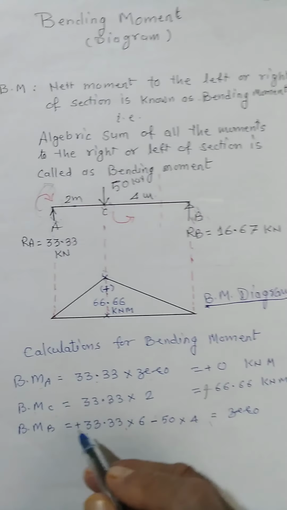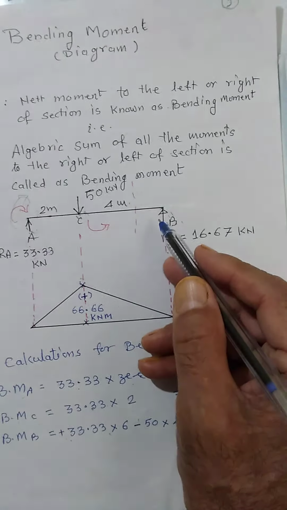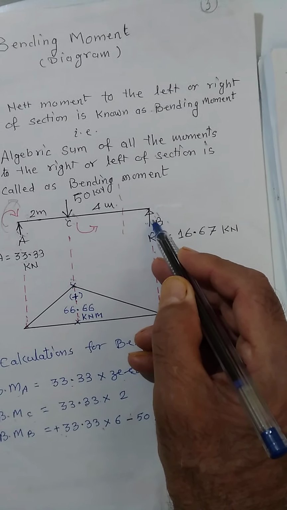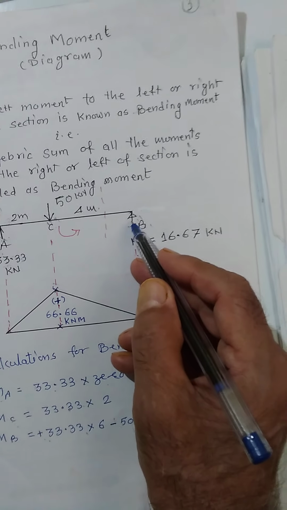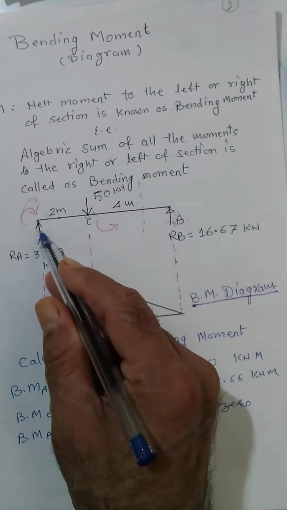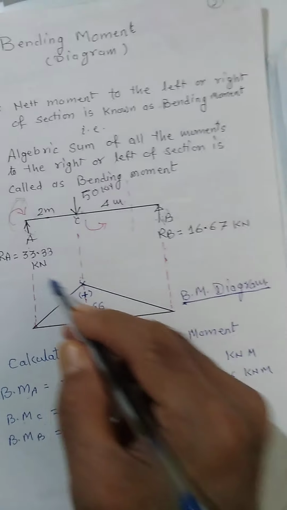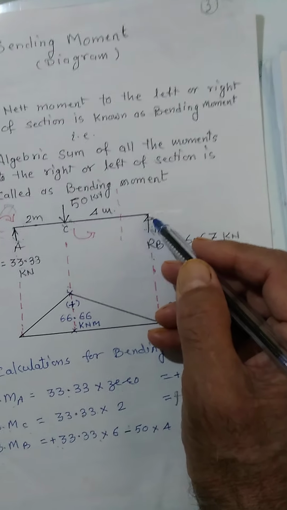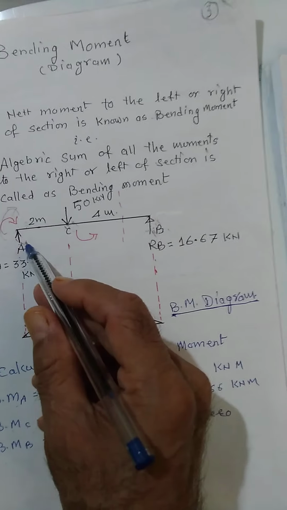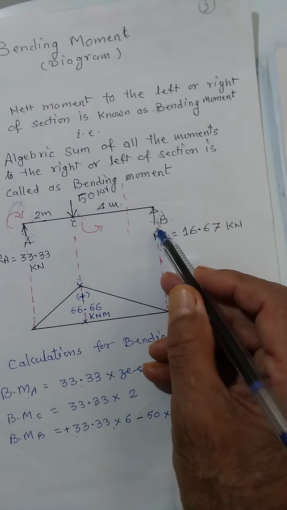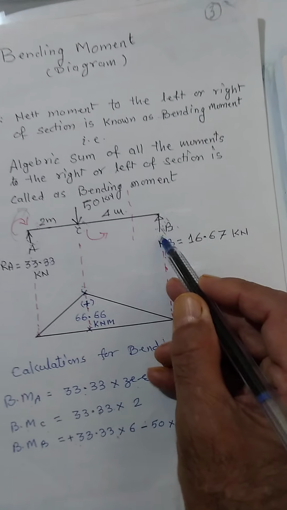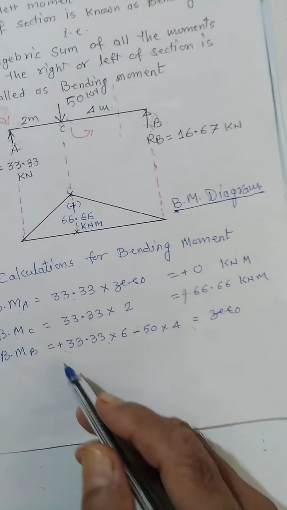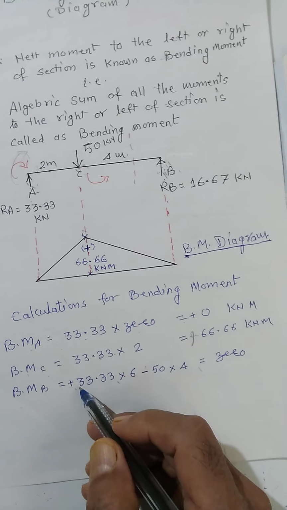It is the bending moment at C. If I take the bending moment at B, take the moments of all the forces about B. That is RA into this distance clockwise minus 50 into this distance anti-clockwise. That is 33.33 into 6 with a plus sign, and 50 into 4 with a minus sign. That will give the bending moment at B.